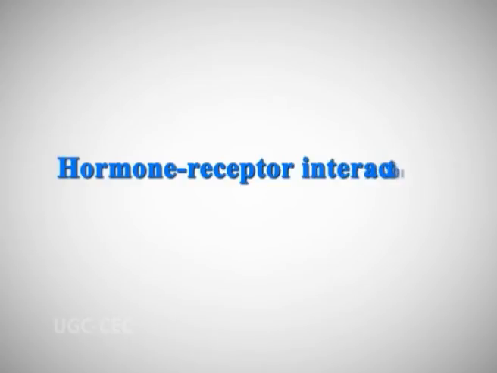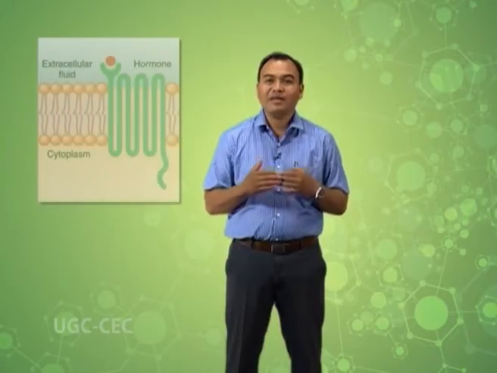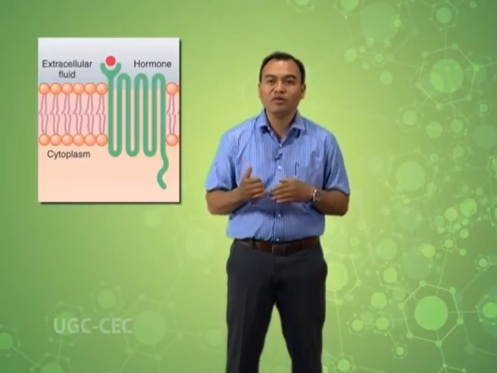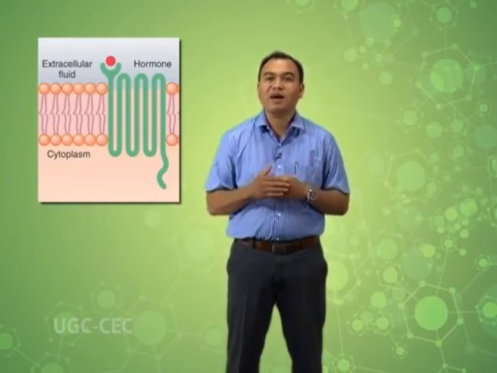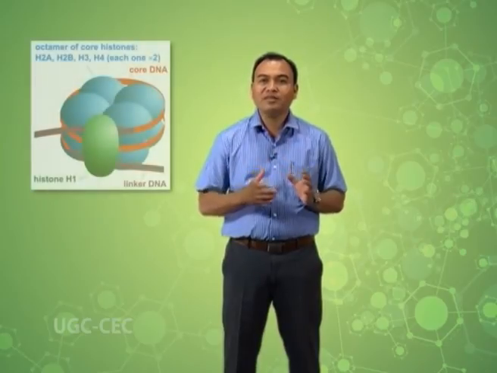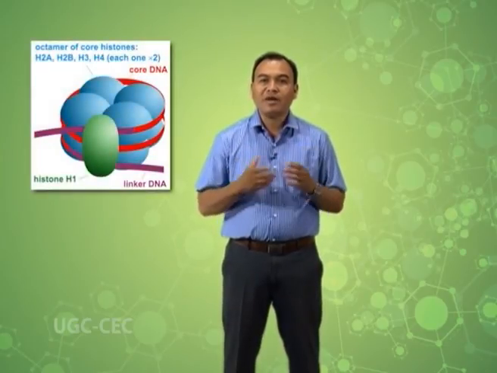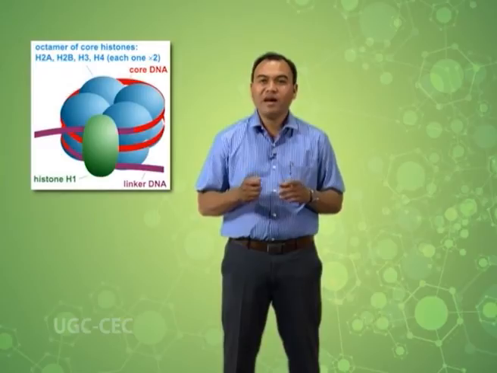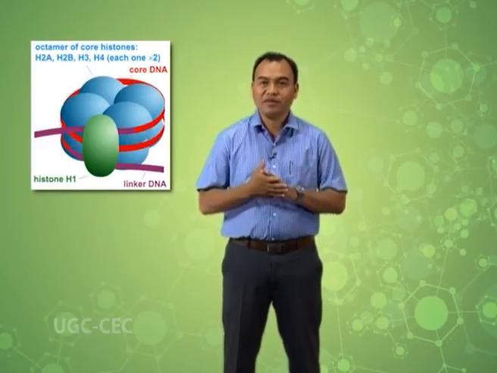Next is hormone receptor interaction. Here, in this hormone receptor interaction also, those non-covalent interactions are important. Next is DNA-protein interaction. DNA histone protein interaction in chromosome also requires hydrogen bonding, hydrophobic, ionic, and van der Waals interaction.